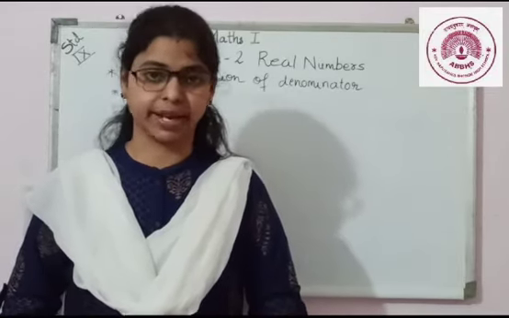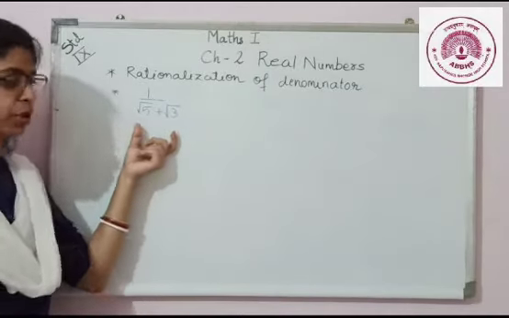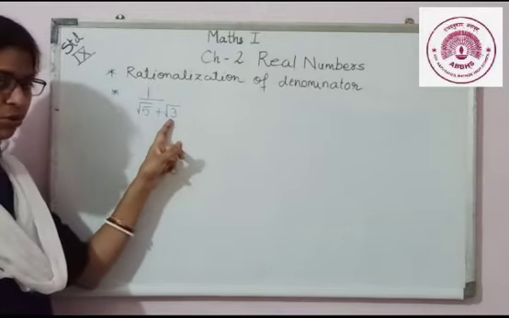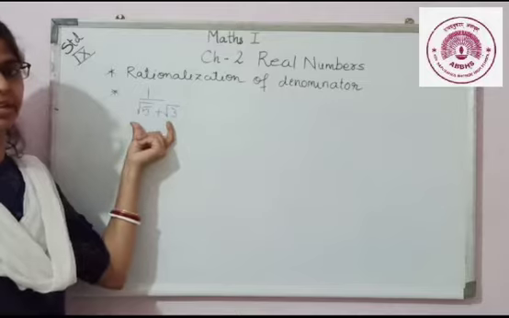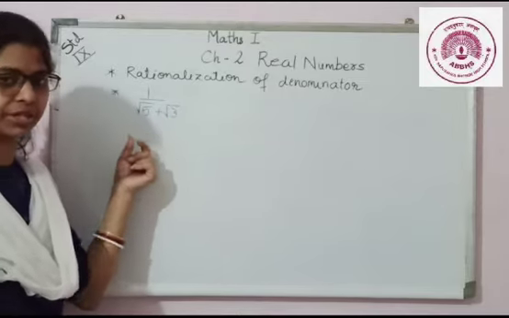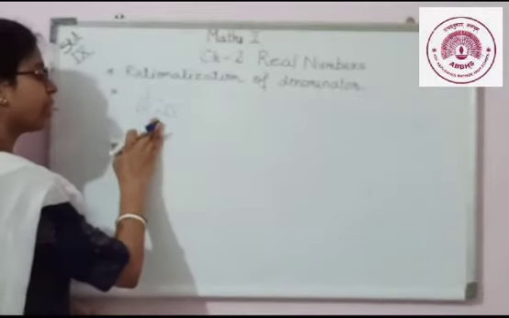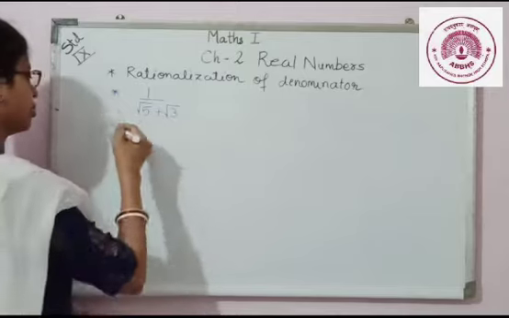Now let's check how to rationalize the denominator with an example. The question here is 1 upon root 5 plus root 3. Here the denominator is a binomial quadratic surd and we have to rationalize it. Now the conjugate pair of root 5 plus root 3 is root 5 minus root 3.